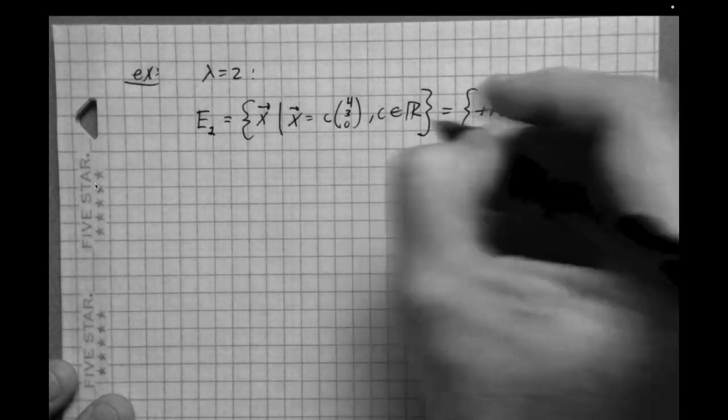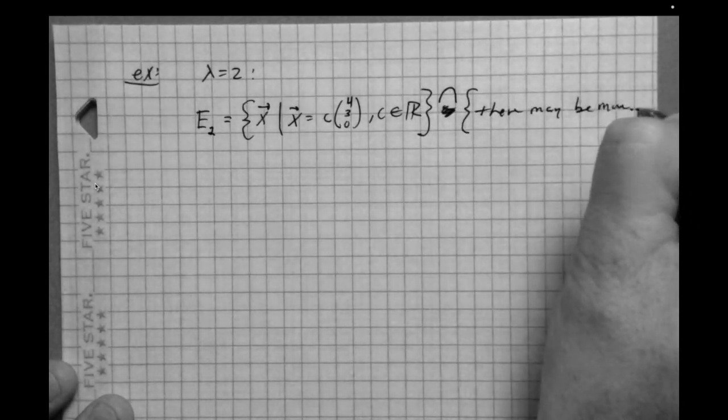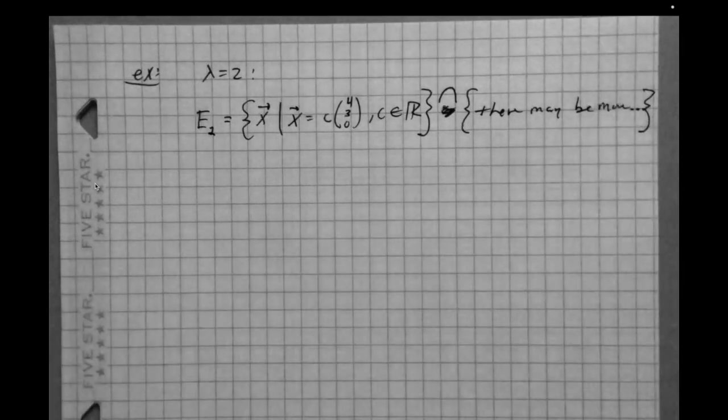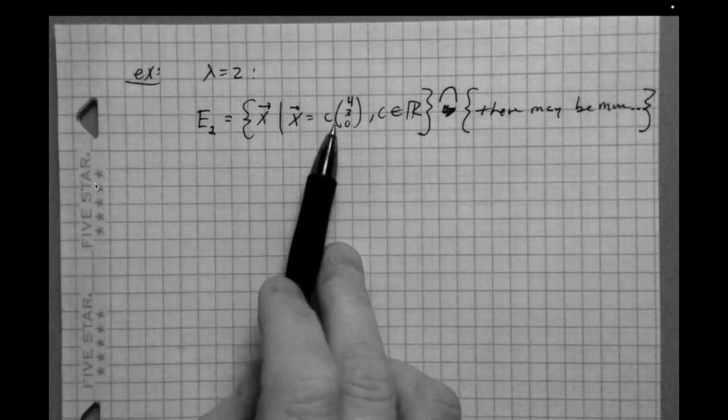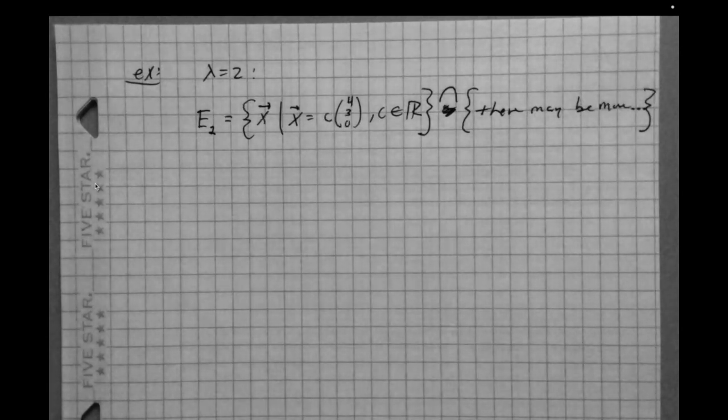So I don't mean to write equals there, I mean to write union. The eigenspace can be larger. It includes this infinite variety of vectors here, but it could also be larger.